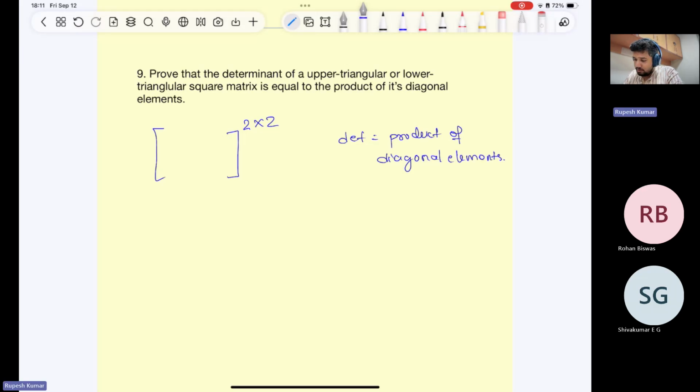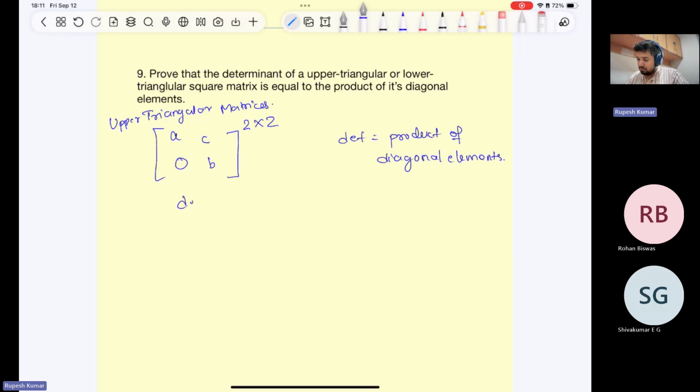Let's say we are dealing with upper triangular matrices, and so I will prove for upper triangular, similar will follow for the lower triangular matrices. Let's say the matrix has entries A, B, C, and this is 0. So this is a 2 by 2 upper triangular matrix. Now we all know the formula for the determinant.